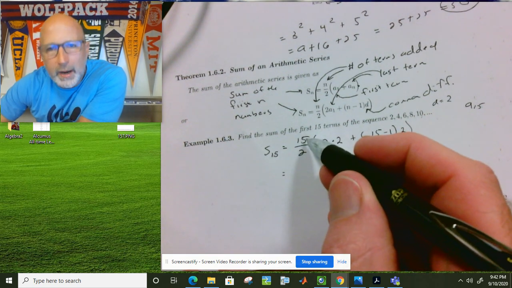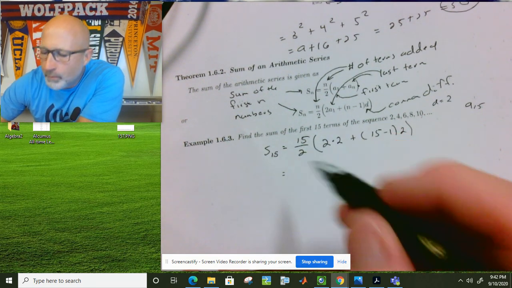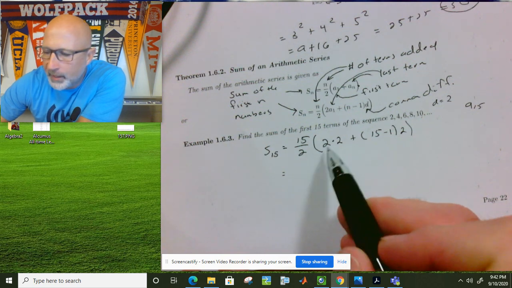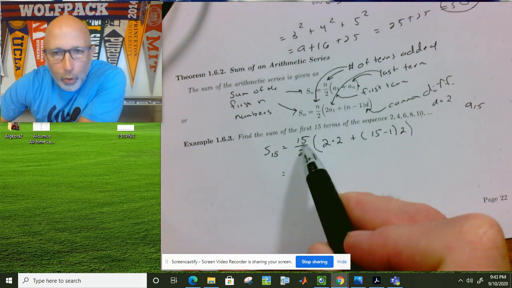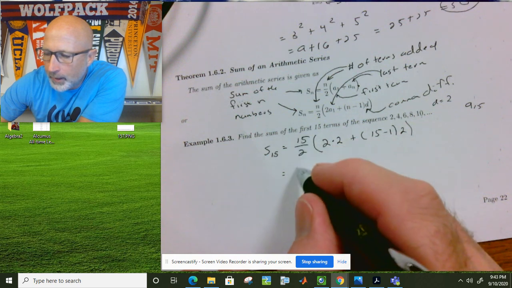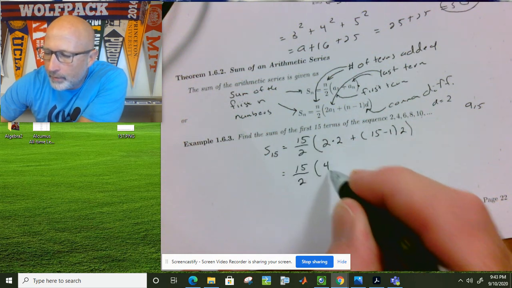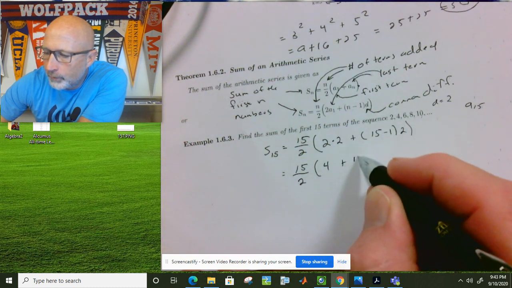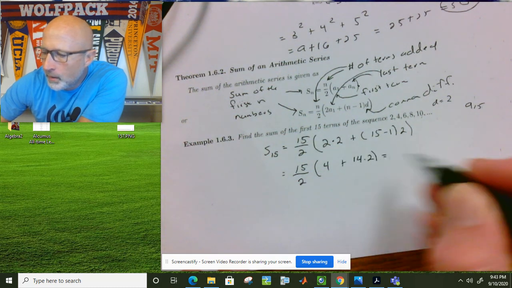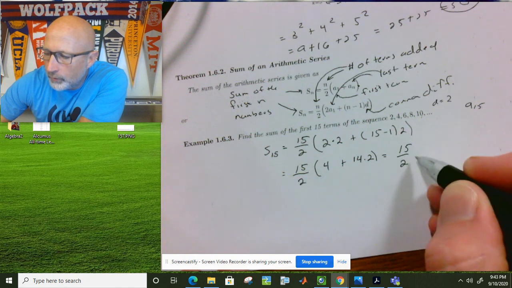So don't write this as 7 halves. Most of the time, this 2 will end up canceling what goes in here, or it goes up there. It doesn't cancel the 15 or reduce evenly. So I'm just going to simplify. 4 plus 14 times 2, which is equal to 15 all over 2.